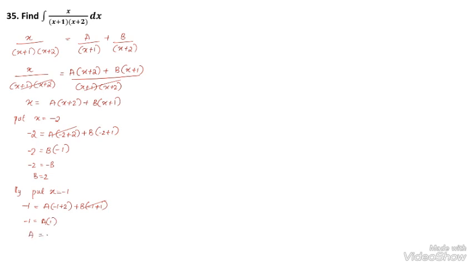Here a is equal to minus 1. Simply I can substitute the a and b values here. That is, x divided by (x plus 1)(x plus 2) is equal to minus 1 divided by (x plus 1) plus, the b value becomes 2, 2 divided by (x plus 2).